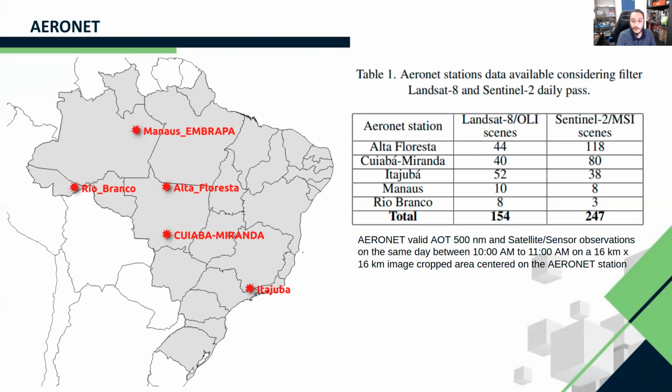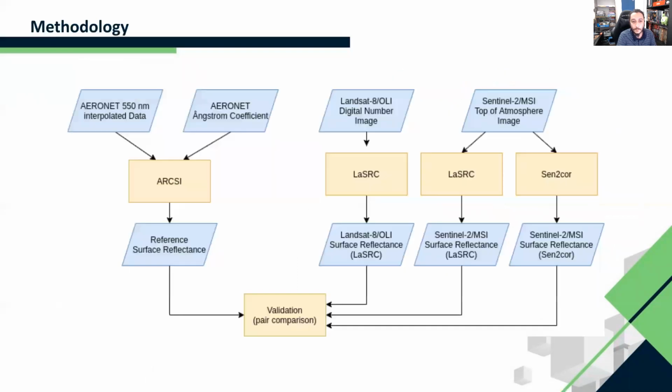To select those images, we chose AERONET measurements which were done between 10 a.m. and 11 a.m., which is close to the satellite passage over the sites, and with areas of at least 16 by 16 kilometers in order to have enough area to compare data.